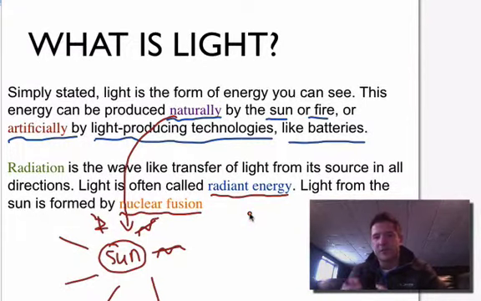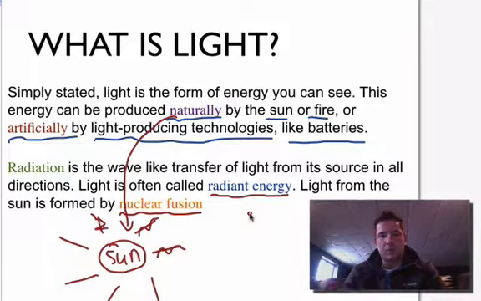Now, nuclear fission is basically in the core of the sun, there are atomic nuclei of hydrogen, and they are going to collide at extremely high speeds, and what's going to happen is they're going to end up forming a new nuclei, helium. So that's where the atomic nuclei collide at a very fast speed and fuse. They form a new nuclei, helium, and so that's where we get light forming in the sun, from that collision of these atomic nuclei.